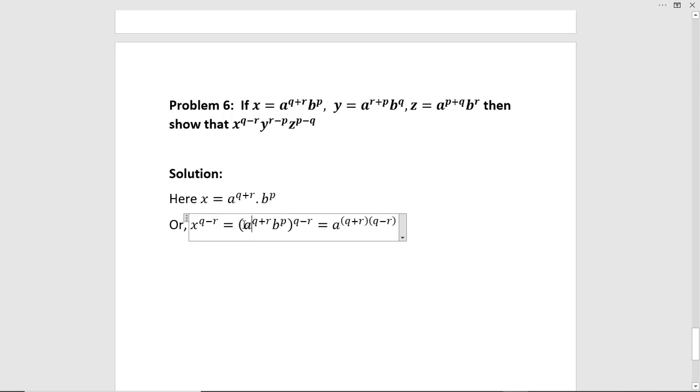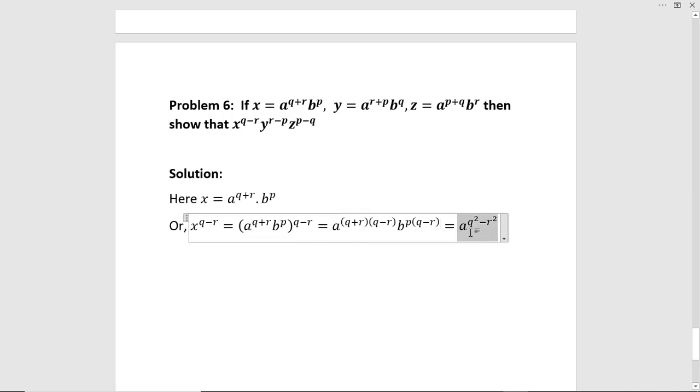From this line, q minus r will be distributed over a to the power q plus r and b to the power p. So we will get a to the power q plus r into q minus r, b to the power p into q minus r. This q minus r is multiplied by q plus r and also multiplied by p.